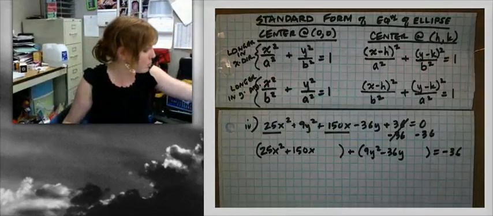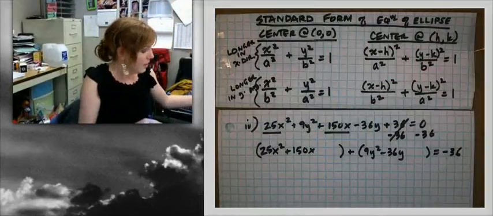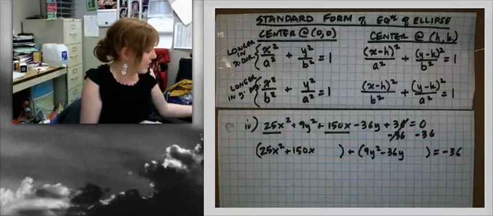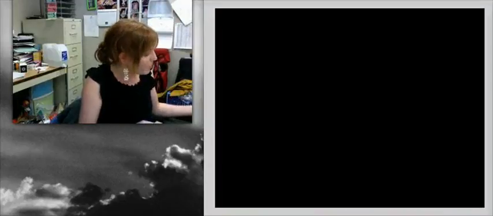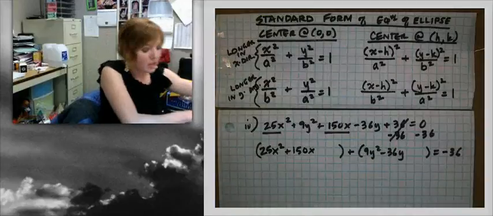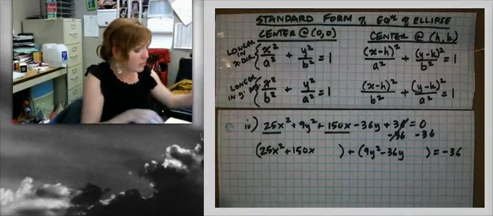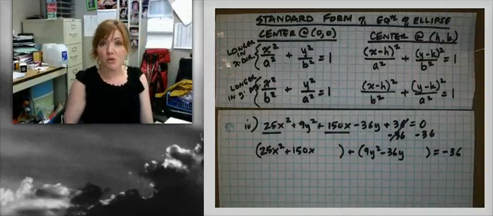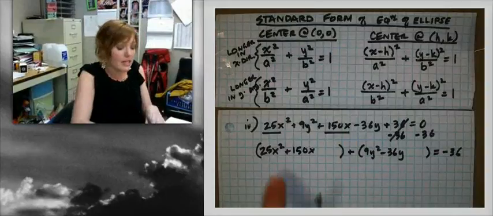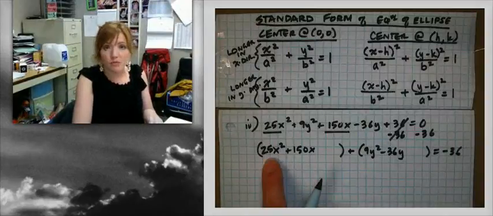In this problem, here's what's happening. We have something that's a little different: a coefficient in front of both the x squared term and the y squared term. In order to complete the square without a whole lot of difficulty, we want nothing other than 1 in front of x squared.